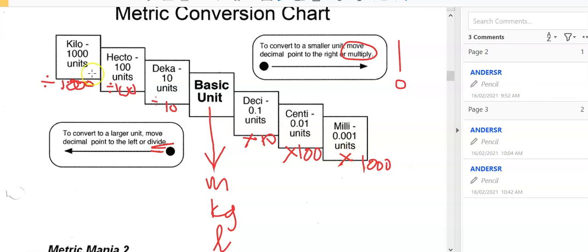To convert from kilometers to millimeters, we must multiply by 1 million or 10 to the power 6. If we must convert from millimeters to kilometers, we're going to the left, so we must divide by 1 million or divide by 10 to the power 6, and so on. Is it working? Are you getting there?